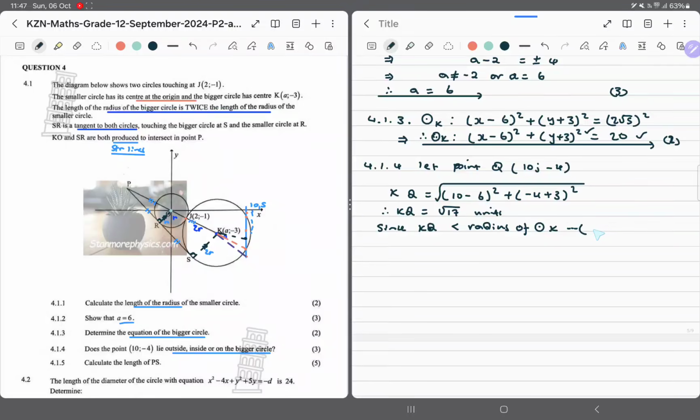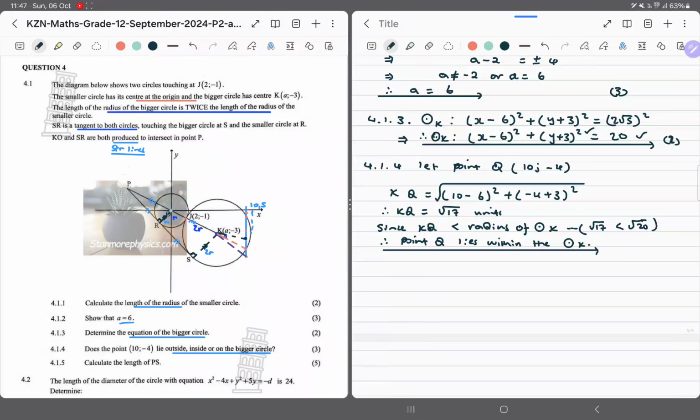Maybe we can even try to be as elaborate. We know that square root 17 is less than square root 20. Just in case you're not convinced, we can say therefore point Q, remember we chose Q, lies within the circle. Okay, nice.